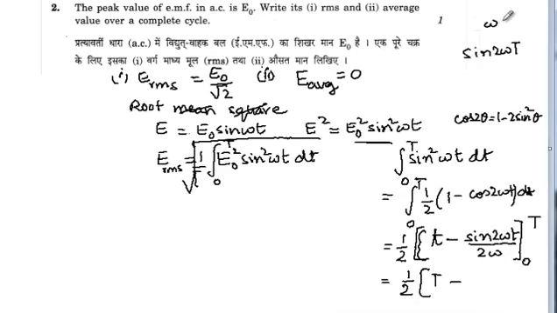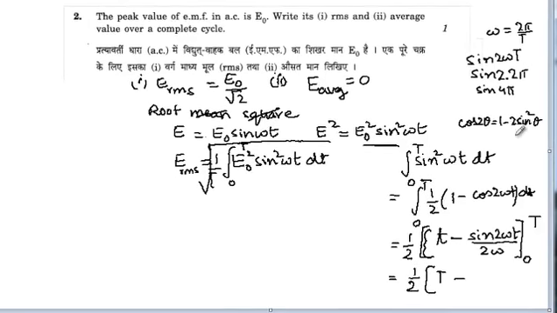Now you know that omega is equal to 2 pi by capital T, so 2 omega T would be 2 pi, which is sine of 4 pi. Now you know sine n pi is 0, so sine 4 pi would also be 0, and then minus the lower limit. So lower limit would be sine 0, which is 0.